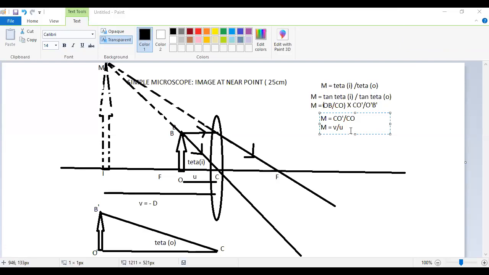Now we have to substitute. The problem is the right hand side values are not all constants. V is minus D, but U we don't know.